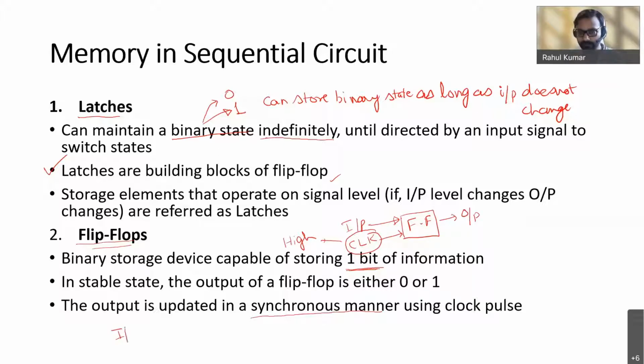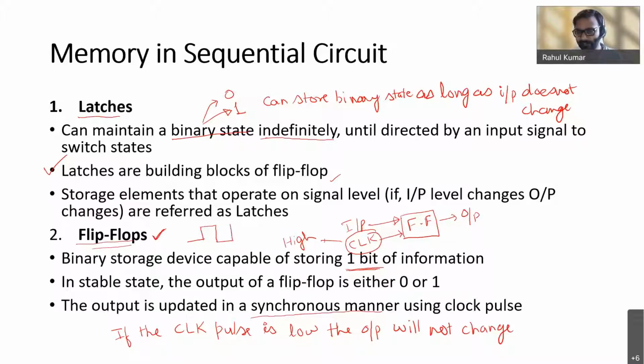If the clock pulse is low, the output will not change in the case of a flip-flop. A clock pulse is basically simply a signal generator which generates a square waveform.